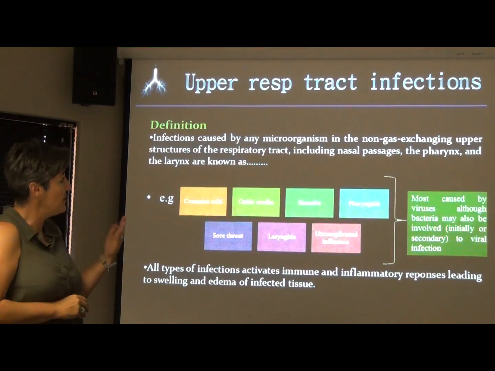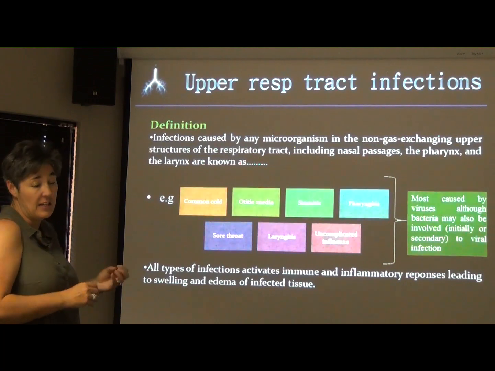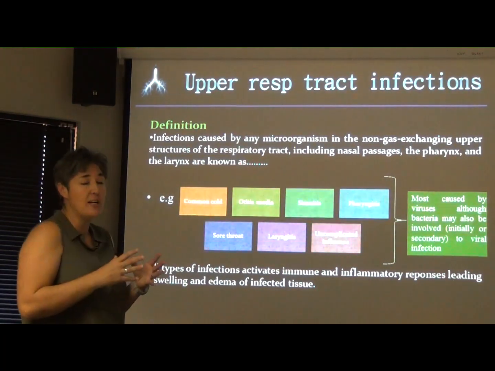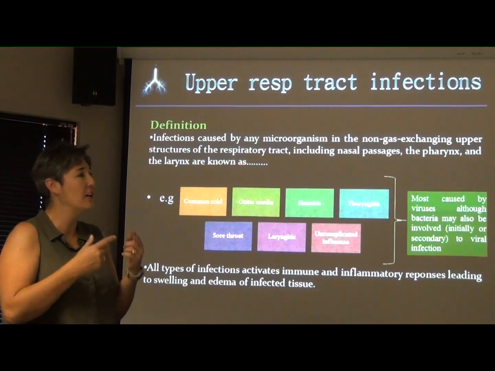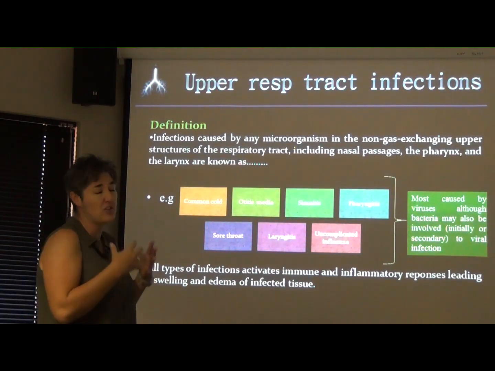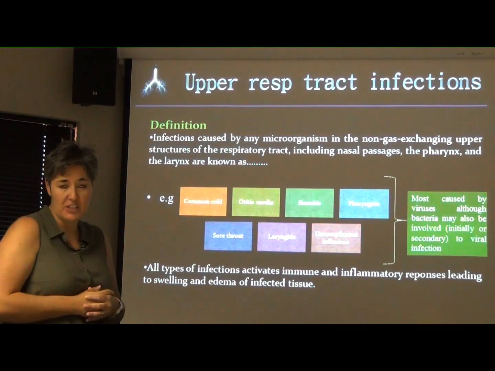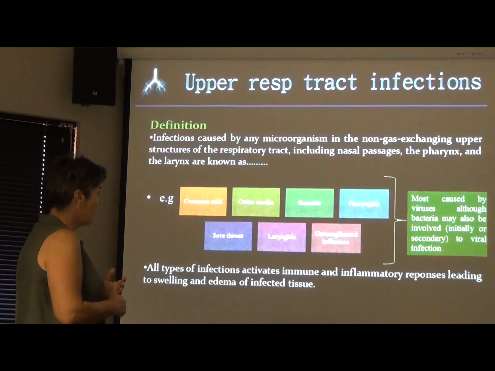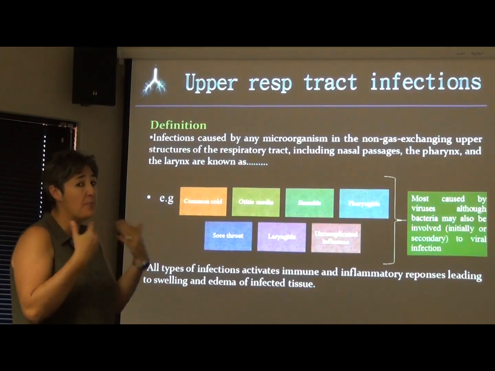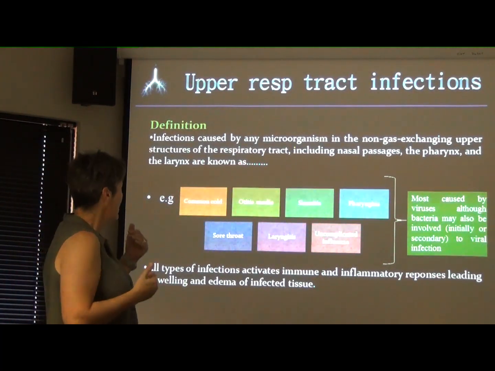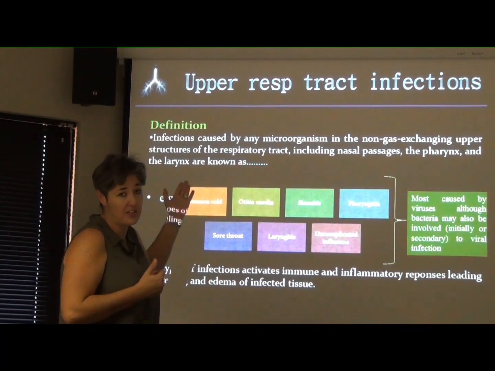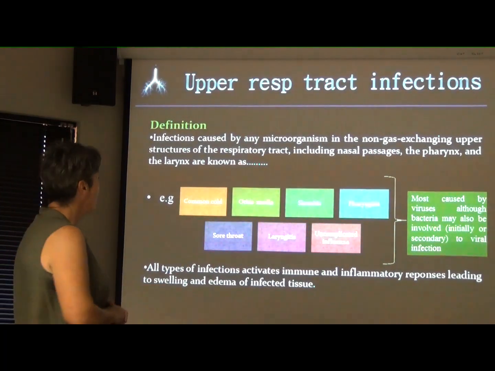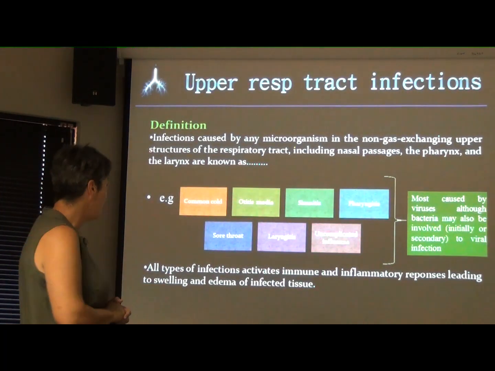Now, our upper respiratory tract infection is an infection that is caused by a microorganism that usually infects the non-gas exchanging upper structures of the respiratory system, which will include your nasal passages, your pharynx, and your larynx, and all of those are known as your upper respiratory tract infections. So when these three structures are involved in the infection process, we classify them as the upper respiratory tract infections.